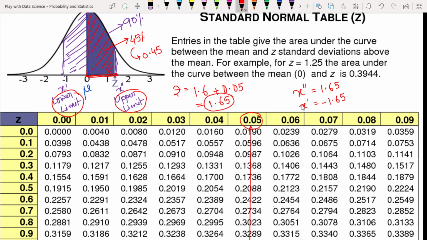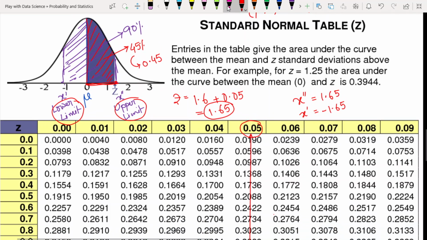So easily from this curve we can conclude that on the range minus 1.65 to 1.65, our mean will lie with 90% confidence.